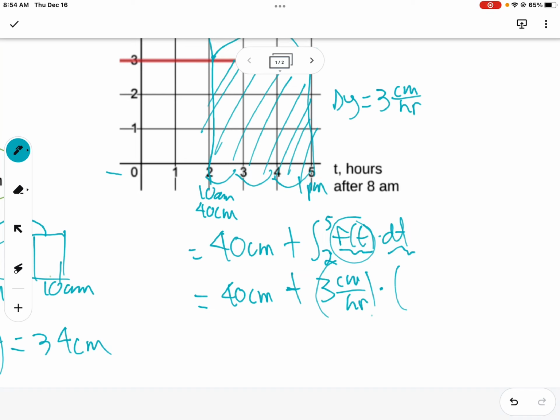Sorry, my apologies. The 3 centimeters per hour is not the 5 minus 2. The 3 centimeters per hour is the y value. The dt, delta t or delta x, is 5 minus 2. All right, I should have put that there, 5 minus 2 hours. Okay, that's gone.